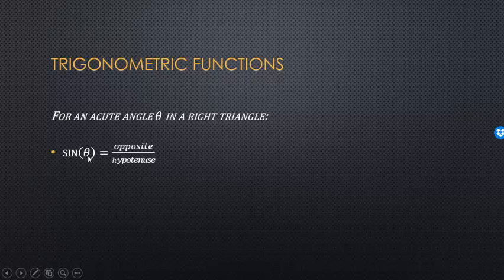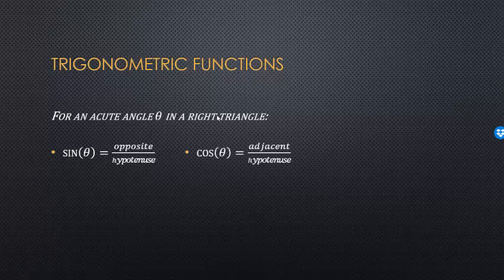You might put an x here, but what's happening is you're always putting in an angle from an acute, so an acute angle in a right triangle. You take sine of that angle, and what that is equivalent to, so the definition, is the ratio of the opposite side to the hypotenuse. And this is a ratio built with the lengths of the sides of a right triangle.